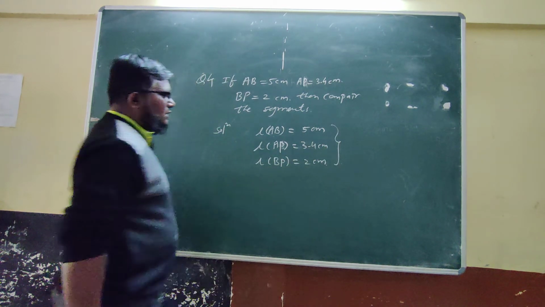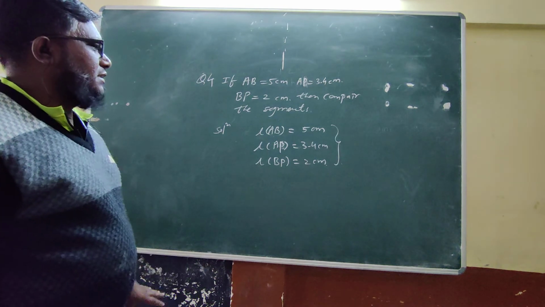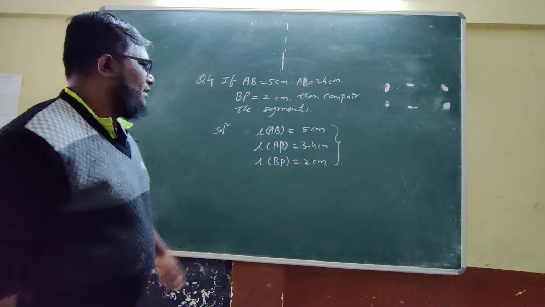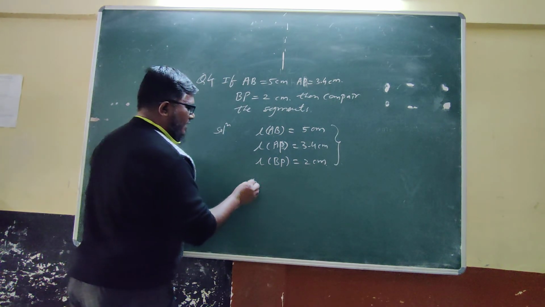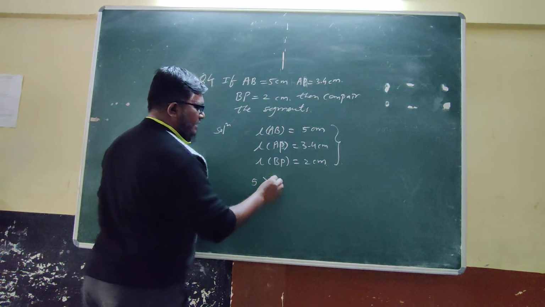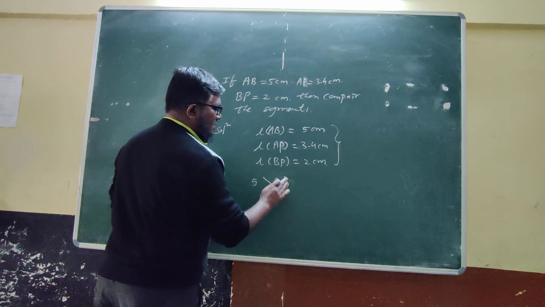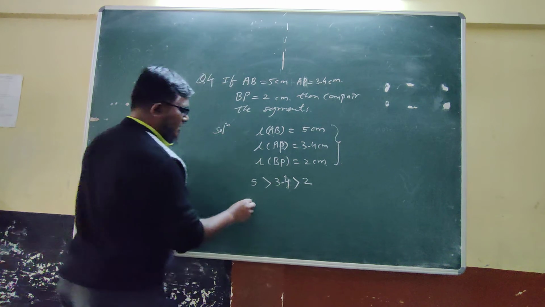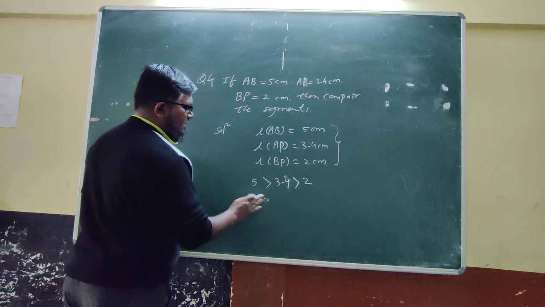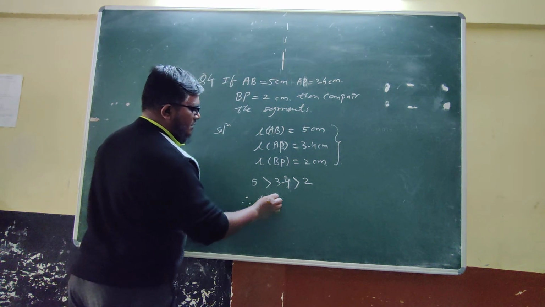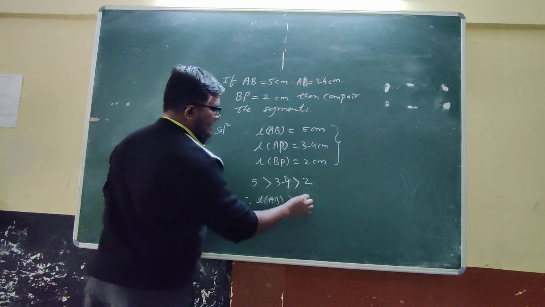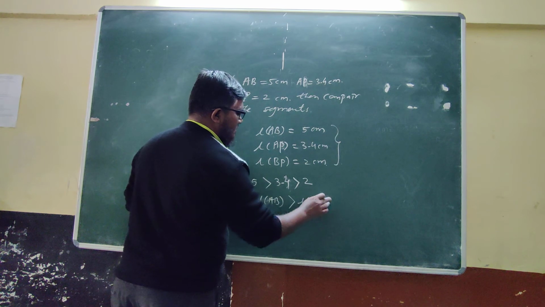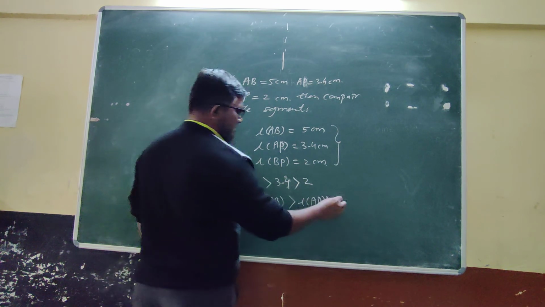Now, all these three segments are given. Among these three, 5 is the greatest number and greatest distance. That's why we can write 5 is greater than 3.4, and it is greater than 2. That's why length of AB is greater than length of AP is greater than length of BP.